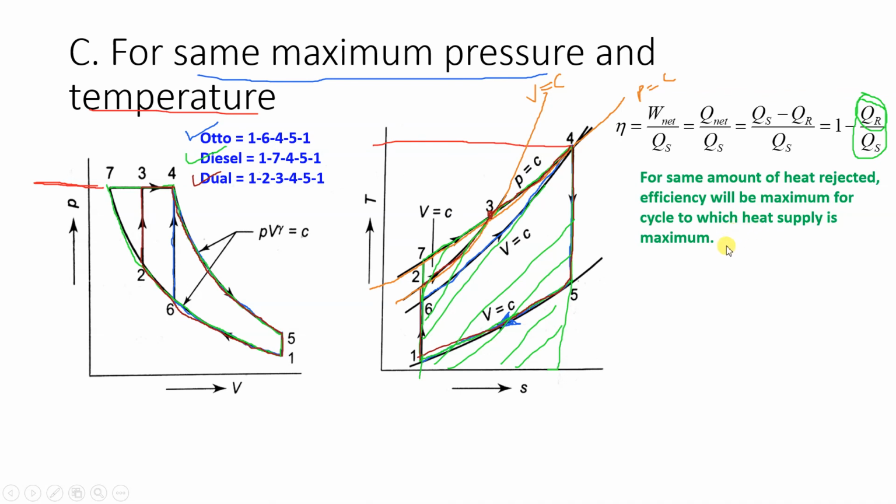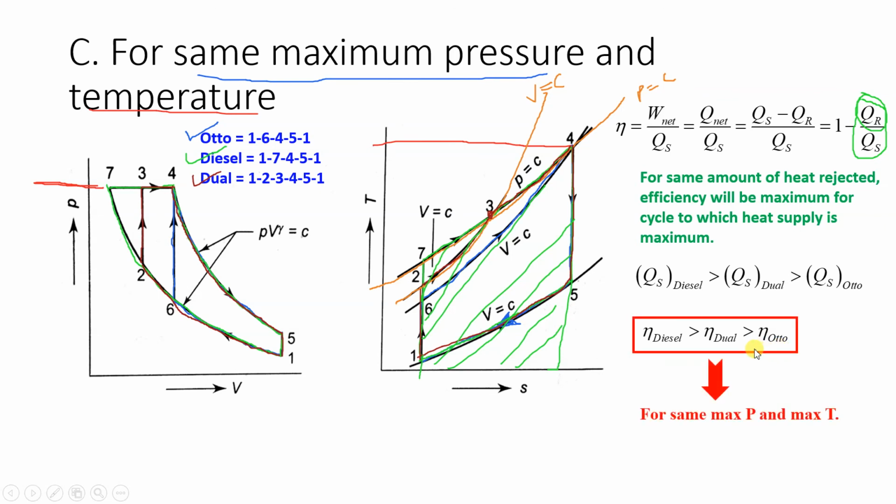Heat supply in the diesel cycle is greater than the dual cycle, which is greater than the Otto cycle. That is why the efficiency of the diesel cycle is greater than the efficiency of the dual cycle, which is greater than the efficiency of the Otto cycle. So for which condition is this valid? The condition is very important.